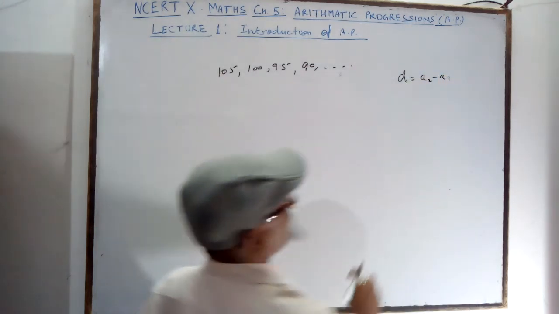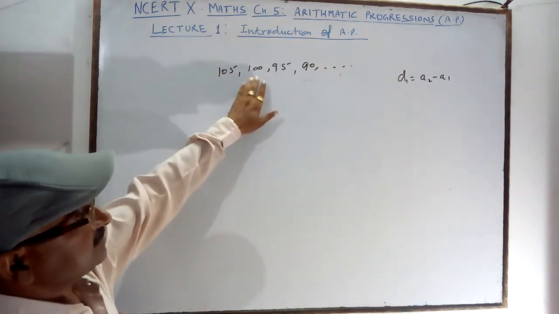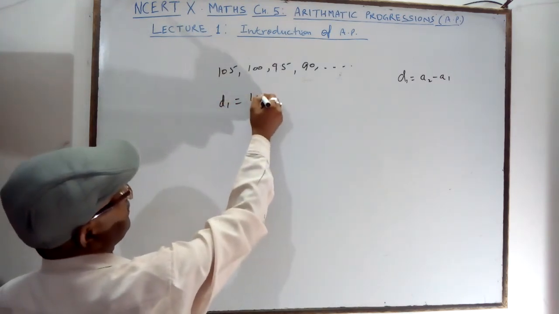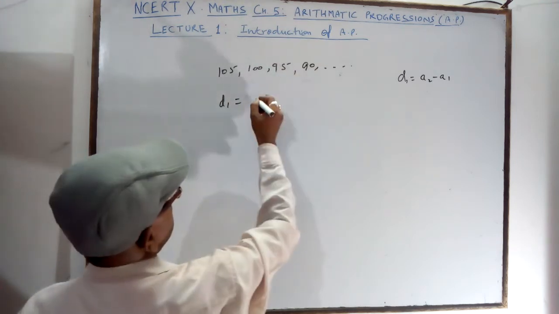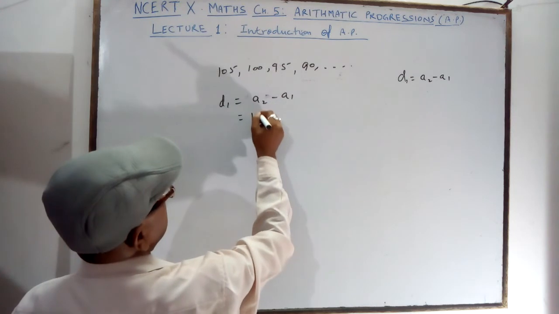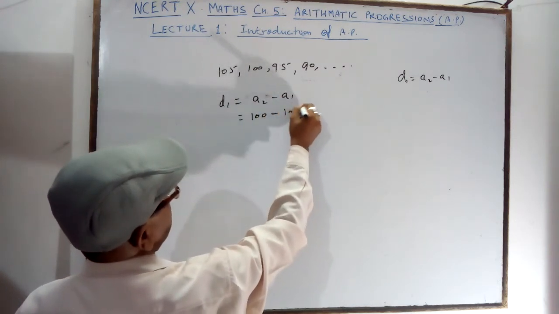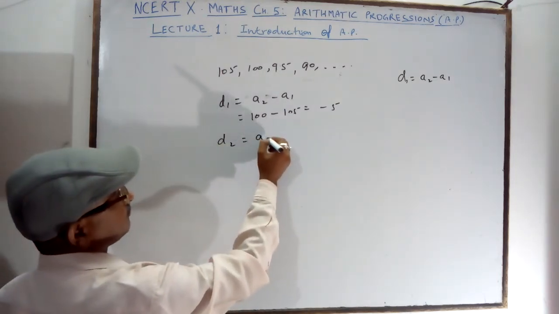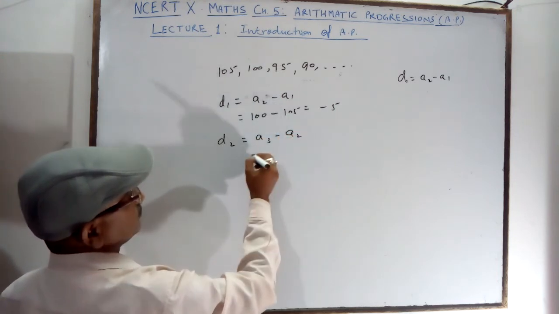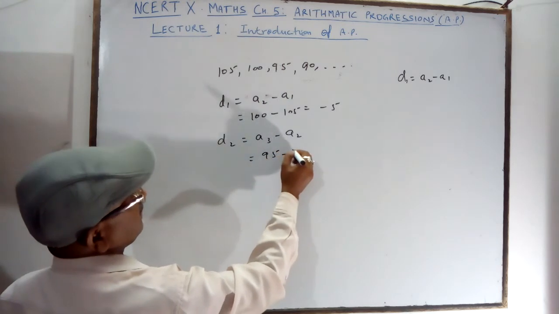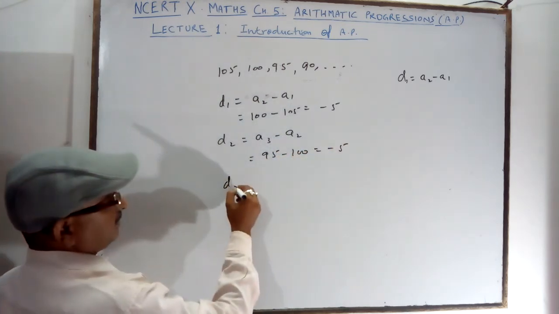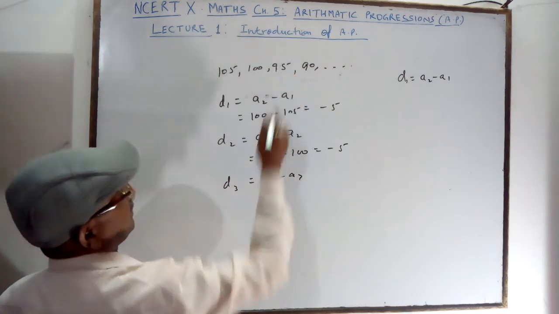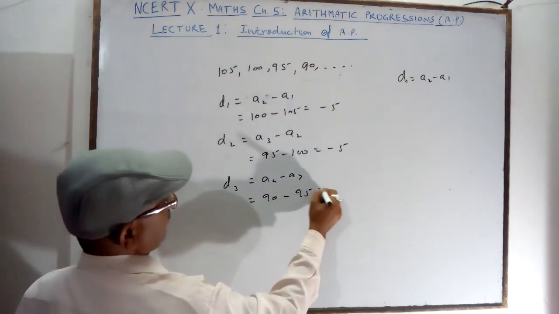So find d1: a2 minus a1 is 100 minus 105, which is minus 5. d2 is a3 minus a2, 95 minus 100, which is minus 5. d3 is a4 minus a3, 90 minus 95, again minus 5.